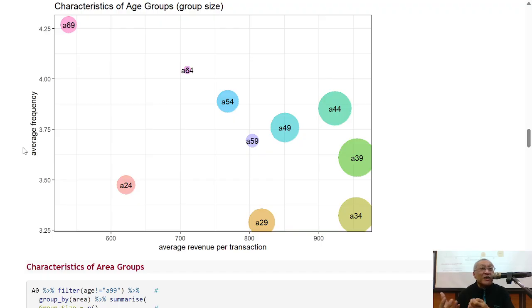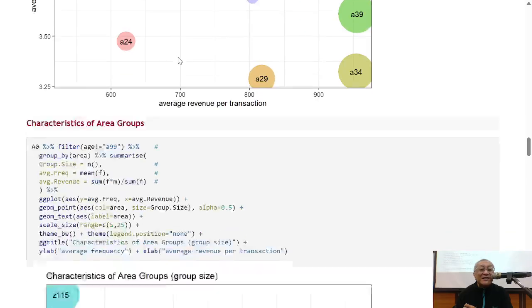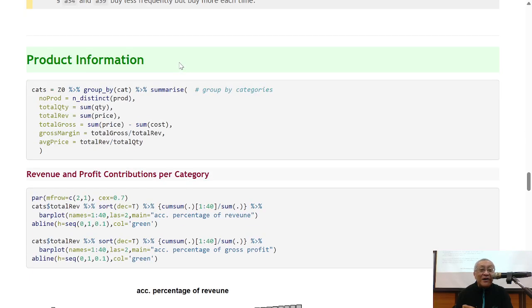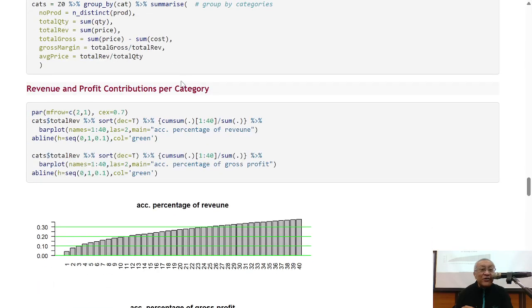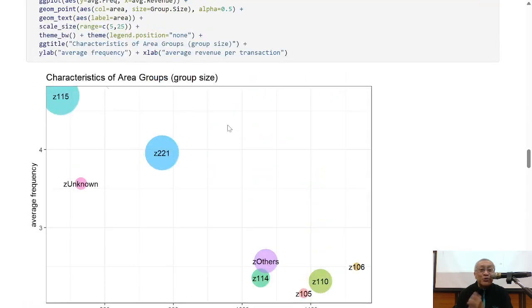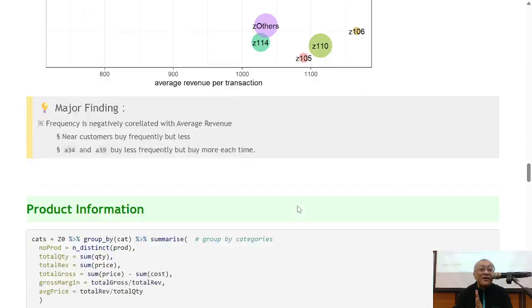So at most, it can compare about 4 different characteristics of a group, right? And you can compare different groups, okay?